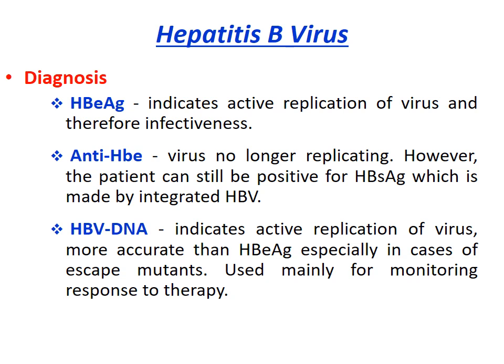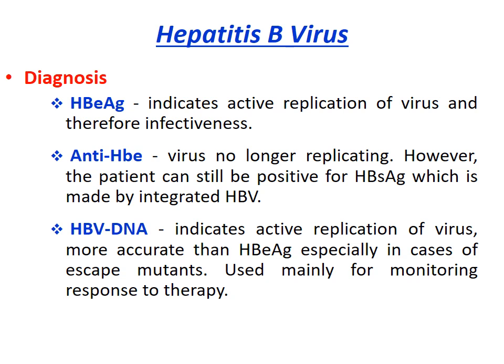HBe antigen indicates the active replication of the virus because it is always produced or secreted during the replication of the virus, and therefore it shows the infectiveness and highly transmissible state. Anti-HBe is the antibody against the HBe antigen.